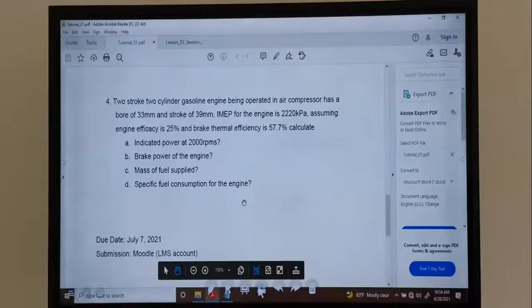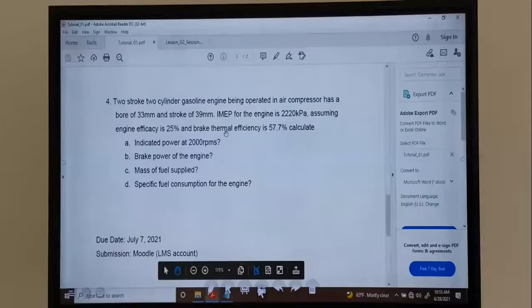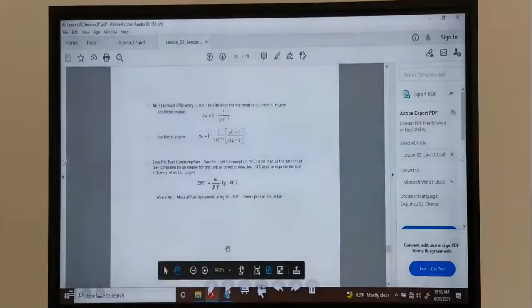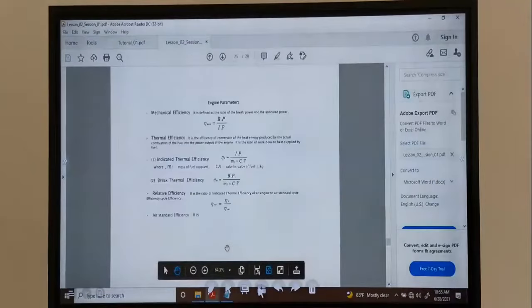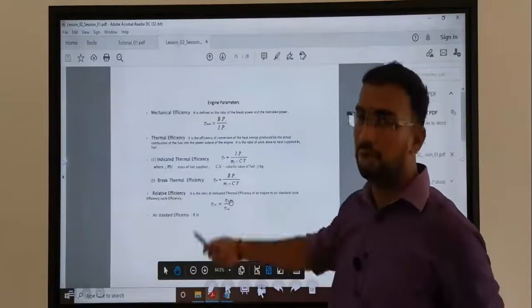The third question is the mass of fuel supplied. It uses the same equation, but here the brake thermal efficiency is given. Before, we did this type of question using this equation because the indicator thermal efficiency was given.